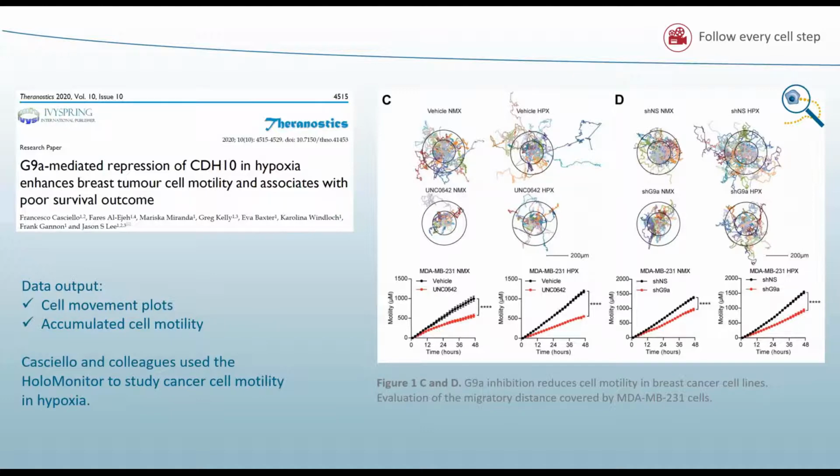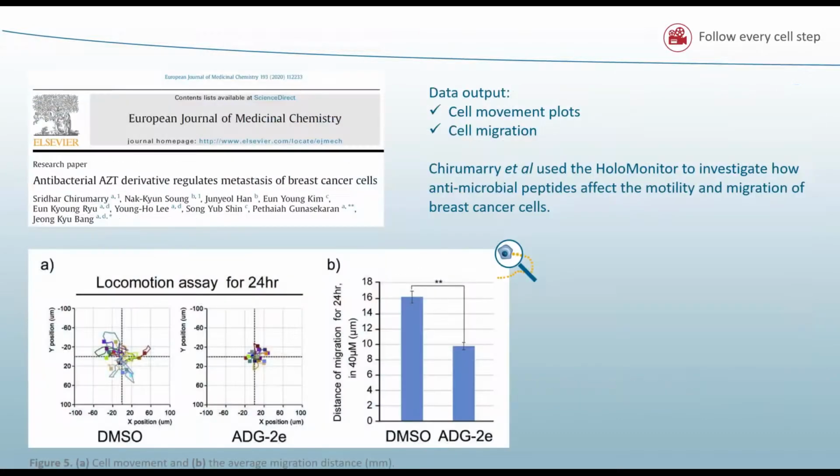We have also another wonderful publication from Korea, from Chirumarry and colleagues. They have been looking at anti-microbial peptides. They are quite interesting for cancer cell treatments, but they are not really efficient. So these Korean researchers have used synthetic molecules. They're similar but, hopefully, better, to study cell migration. And they could see that treatment with their synthetic molecule would change the locomotion pattern.